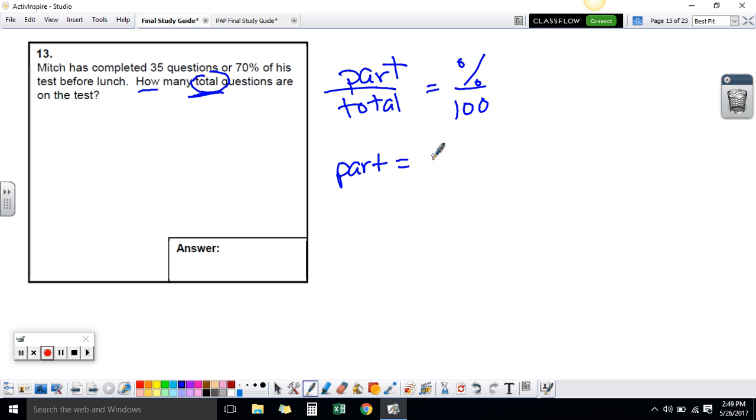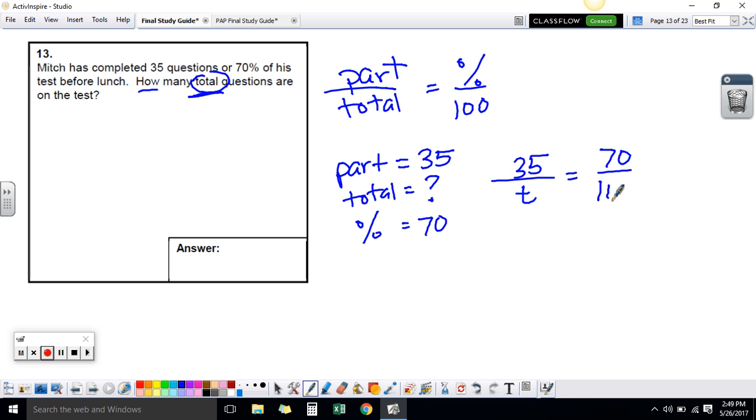So our part that he has completed is 35. Our total is what we are trying to figure out, and our percent in this problem is 70. So we're just going to replace these numbers with the proper words. So we've got 35 over total, which we don't know, equals 70 out of 100.